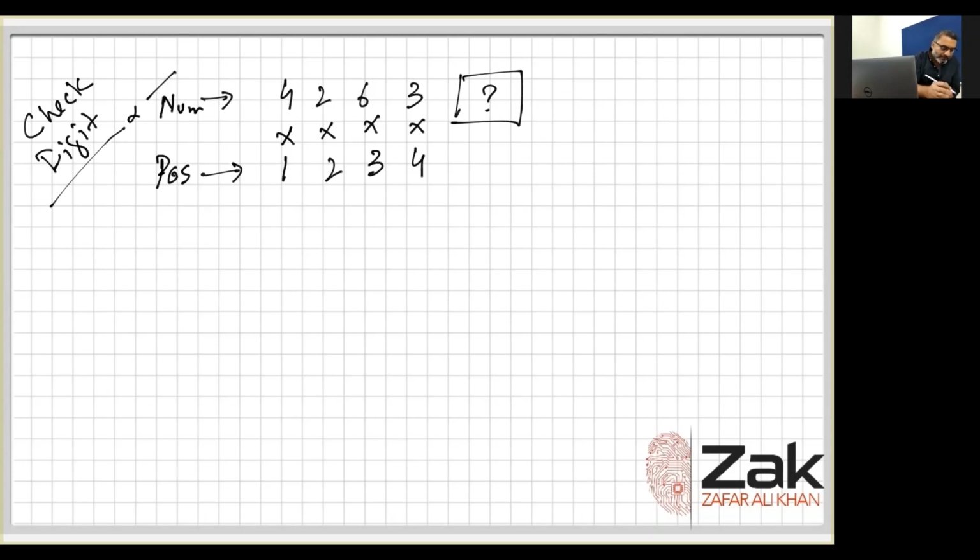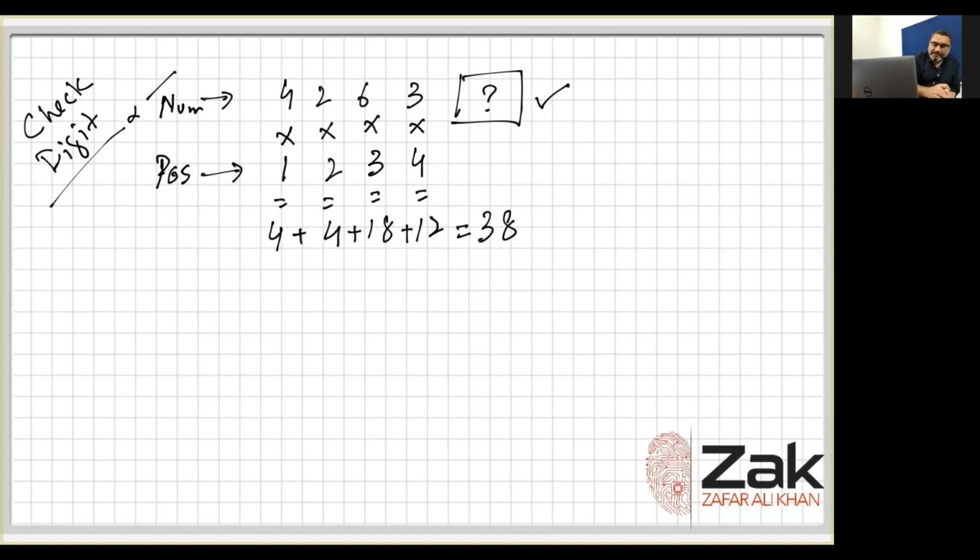Now, this is 4, this is 4, this is 18, and this is 12. So let's add these. 12 and 8, 20, 30, 34, 38. This is 38.